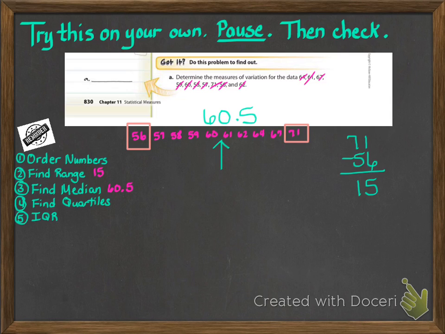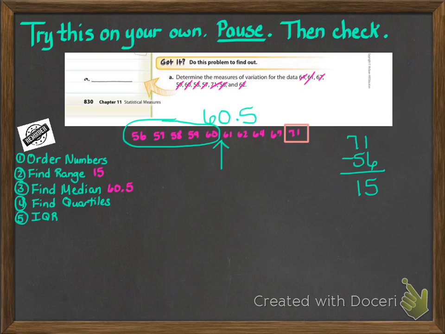Now I need to find my quartiles. The first quartile is going to be the median of the first half of your numbers. Well, here's our first half of our numbers. Let me go ahead and erase my little box here. So these are the first half of my numbers right up there, okay?